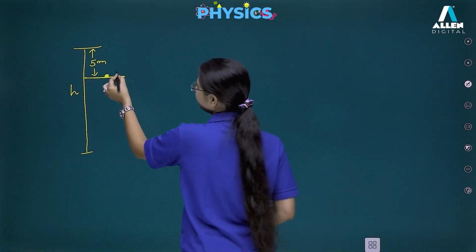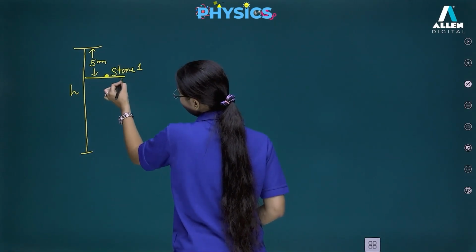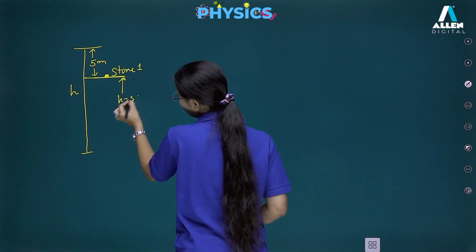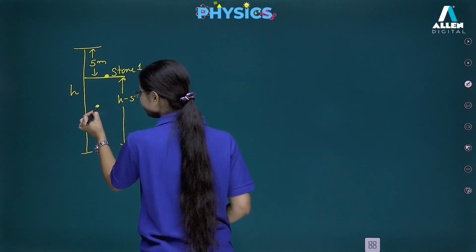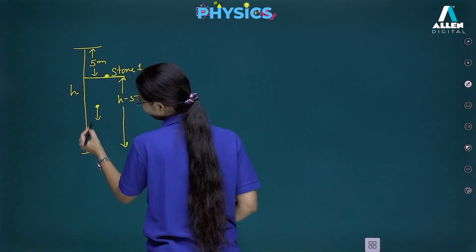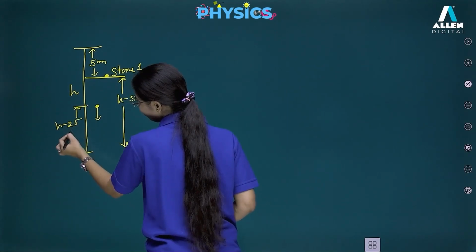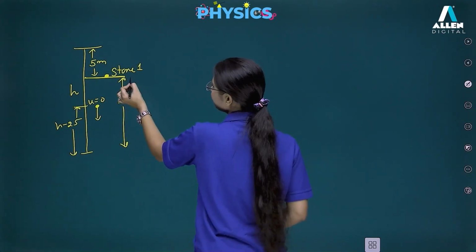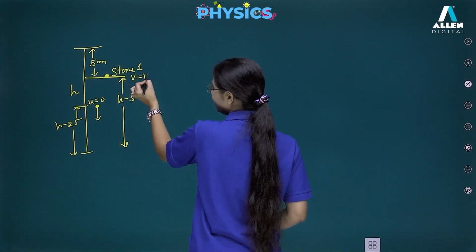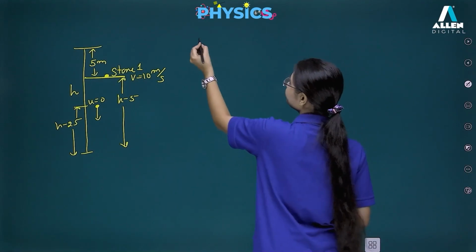So obviously it will cover the distance which is only h minus 5, and the stone 2 will cover h minus 25, and its initial velocity is 0, and here the velocity of stone 1 is 10 meter per second. So let's apply second equation.